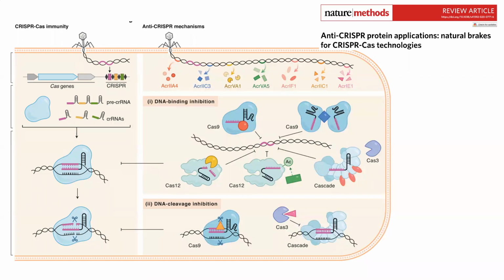Those genes encode short proteins, usually less than 150 amino acids, shown as those small boxes, circles, triangles in different colors. These Acr proteins inhibit Cas binding or cutting DNA by binding to Cas protein or their DNA target. These are some of the known mechanisms, but more novel mechanisms are being discovered.